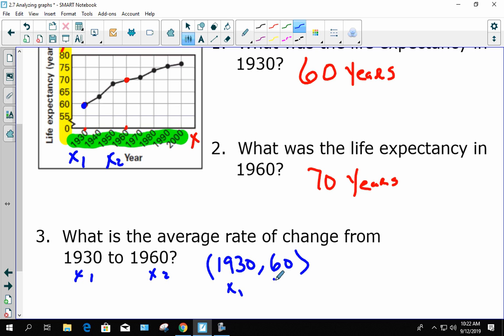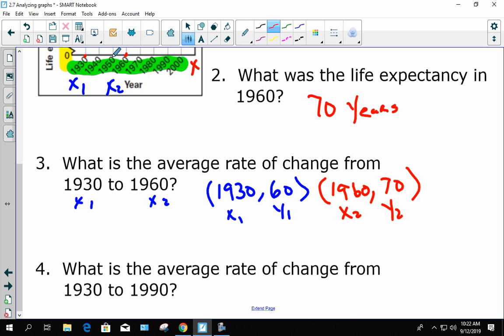That's x1, y1. Then I have 1960. What goes with 1960? 1960 and 70 go together. That is x2, y2. Now, please don't write this yet. I'm going to give you time in a minute.